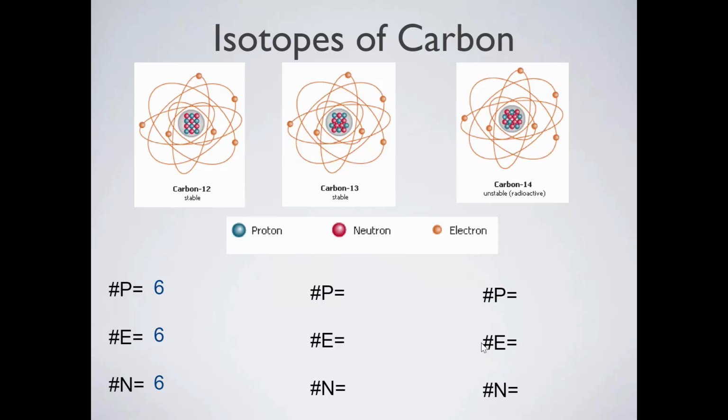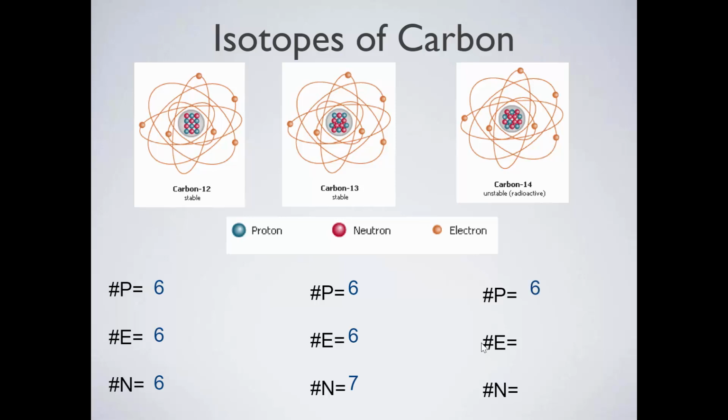However, there's a small amount of carbon on Earth that's a little bit different. It's called carbon-13. It has 6 protons, 6 electrons, but 7 neutrons. There is also some carbon we call carbon-14.